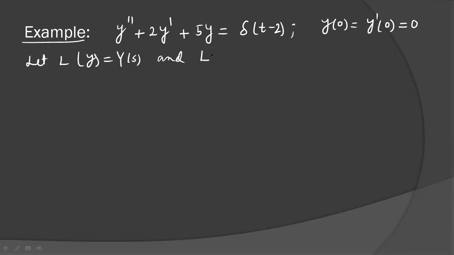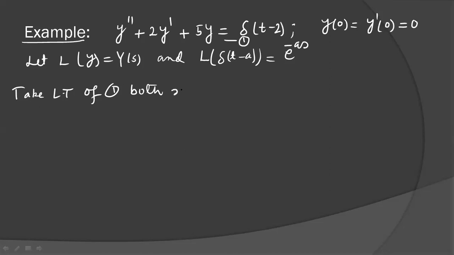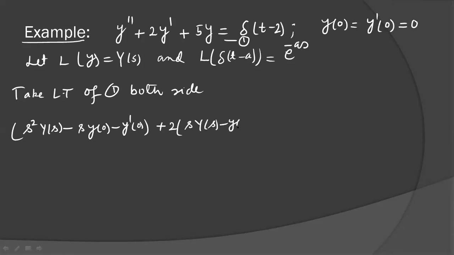We know that the Laplace of the Dirac delta function delta(t minus a) is e to the power minus as. So use this property and take the Laplace transformation of equation 1 on both sides. What will we get? s square Y(s) minus s y(0) minus y dash(0) plus 2 times sY(s) minus y(0) plus 5Y(s) is equal to e to the power minus 2s, because a is 2 here.